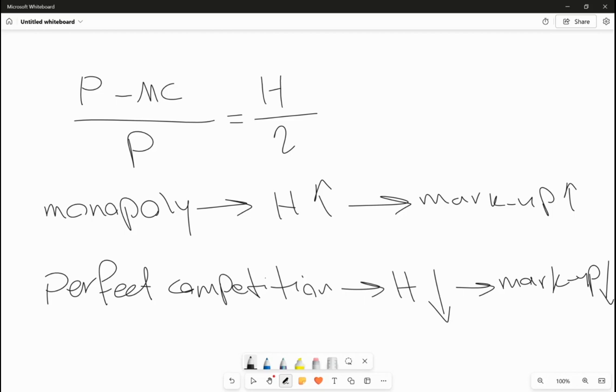Now, let's have a more detailed review of each model. Let's start with the Cournot duopoly, when we have two firms under Cournot competition. To see what the Cournot equilibrium would be, we have to make a few assumptions. The first one is that both firms under Cournot competition have an identical cost function.